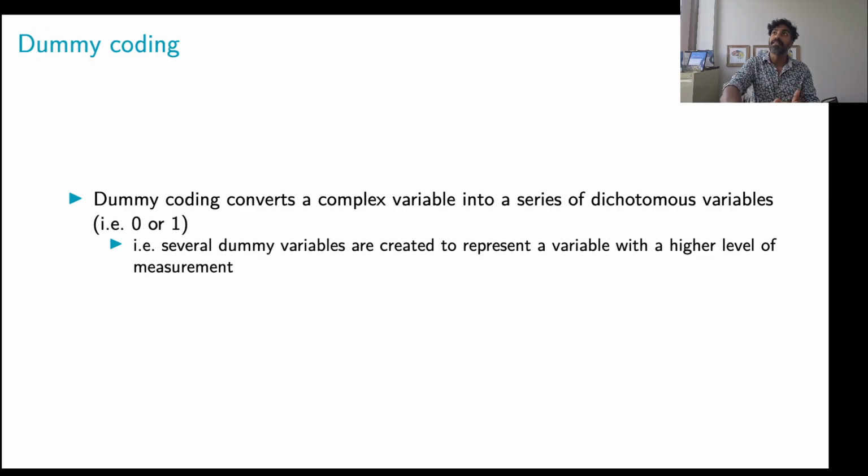In that case, it's Africa. So it puts Africa first, and it compares all the other countries to Africa. So you don't need to recode it, but you can. You can assign a number, 0, 1, 2, 3, and then compare to whatever the variable is. This is called dummy coding. Several dummy variables are created to represent a variable with a higher level of measurement, so you turn a complex variable into a series of dichotomous variables.